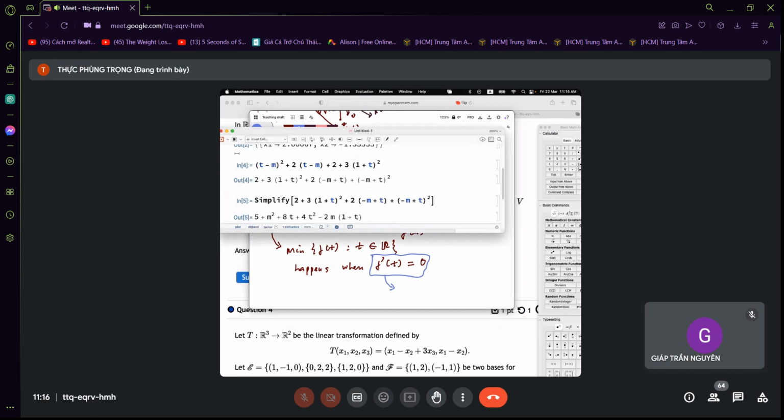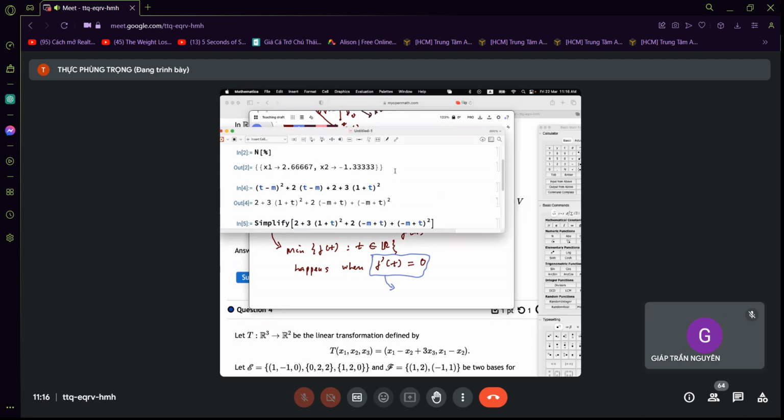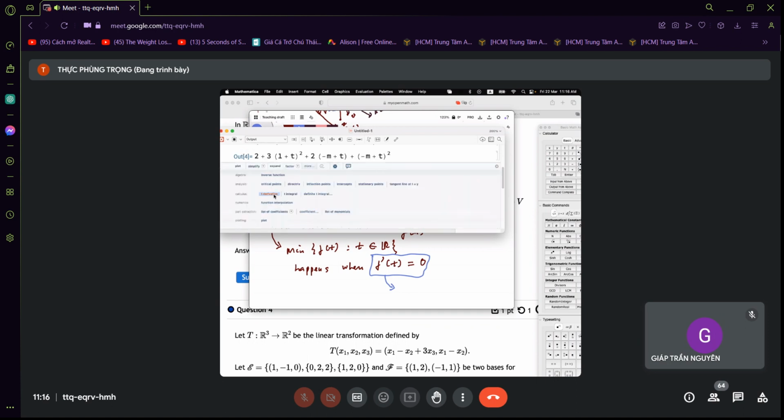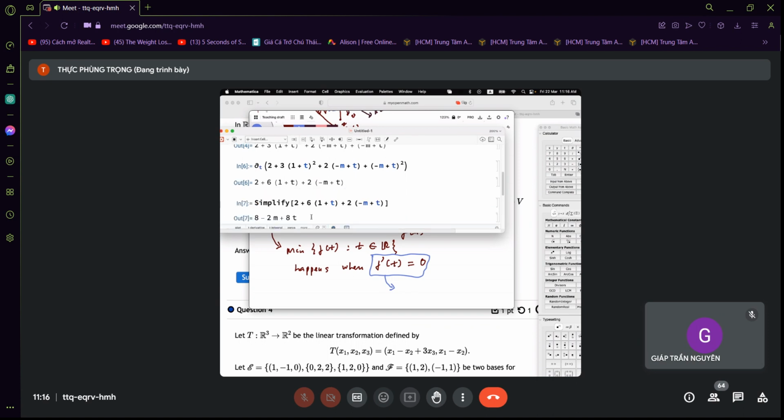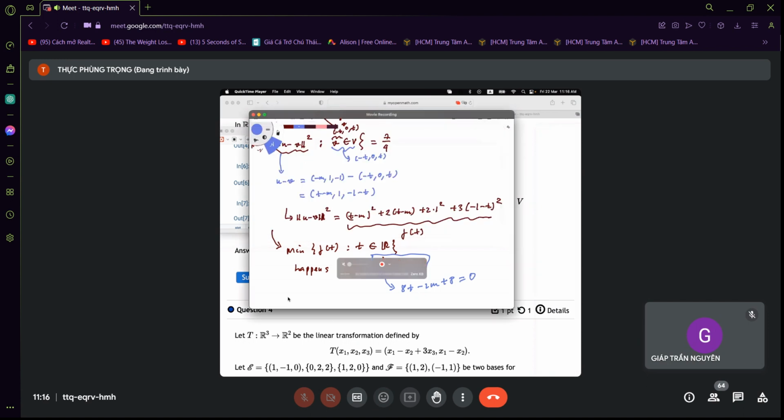So differentiate this with respect to t and see what we get. Let me do that right here. I differentiate this one with respect to t, and maybe I simplify this a little bit. So I get 8t minus 2m plus 8 equals 0. So that's what I say.